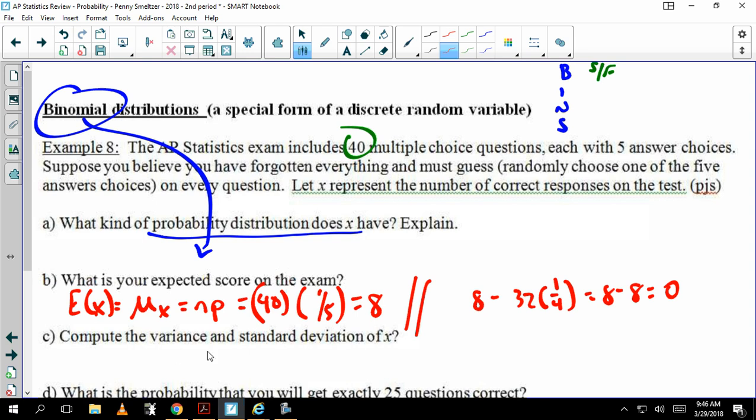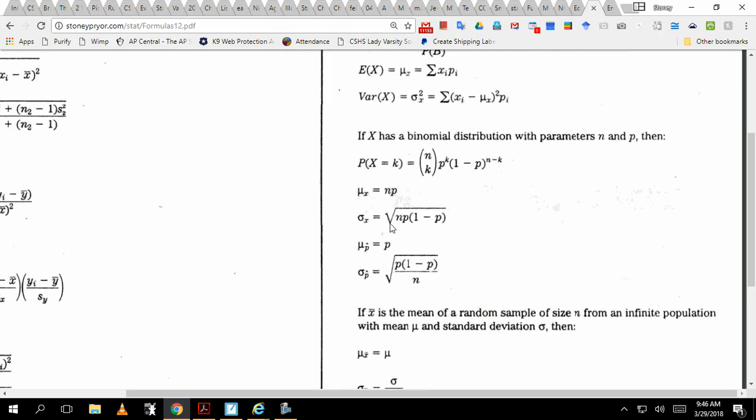Now it says compute the variance and standard deviation of X. So I go back to the formula chart. NP(1 minus P). That's the variance. With the square root, that would be the standard deviation.